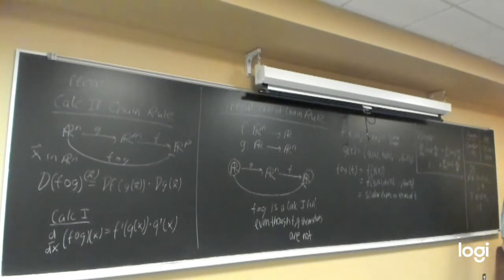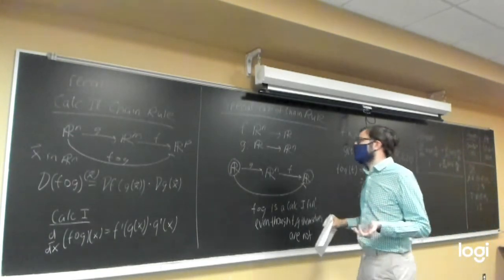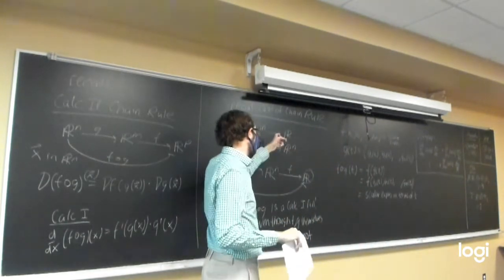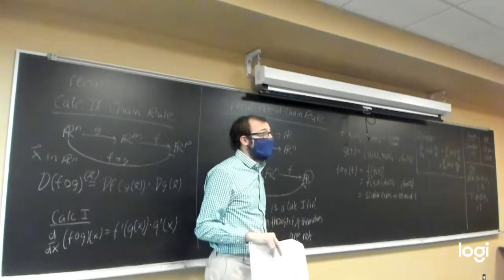And this formula right here is going to be our special case version of the multivariable chain rule. It's going to be the chain rule in the case where f is a function from Rn to R and g is a function from R to Rn.